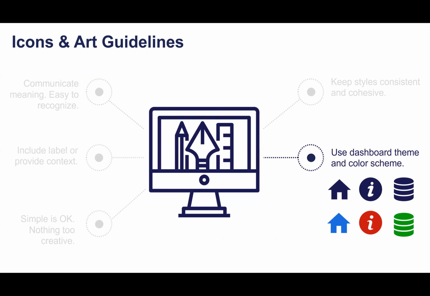Next, you want to make sure that you're sticking to your dashboard theme and using the color scheme. For this entire dashboard, our main colors were purple, gray, and white, right? So you will not see me place a blue, a red, or a green icon on there because those just weren't colors that were on our dashboard. You want to make sure that you're using colors efficiently and that they're sticking with the overall color scheme of the dashboard.